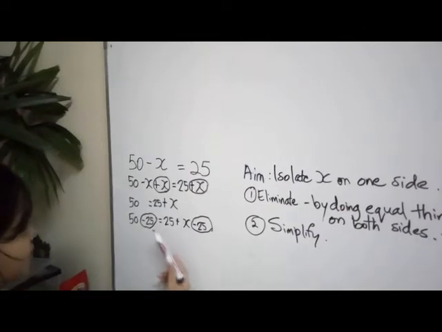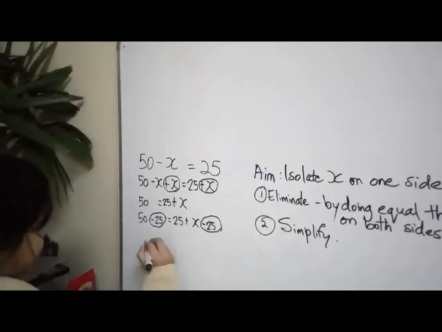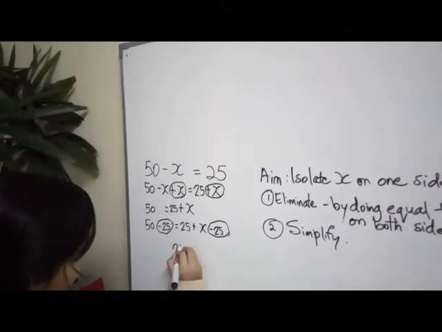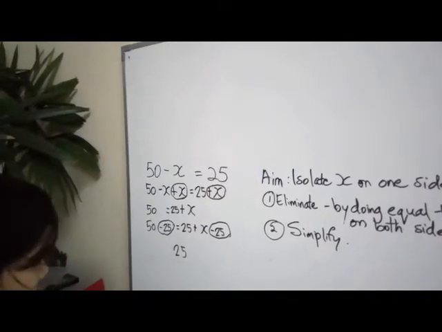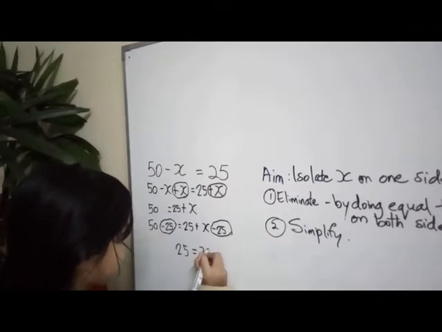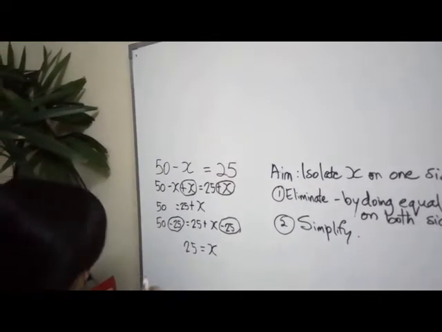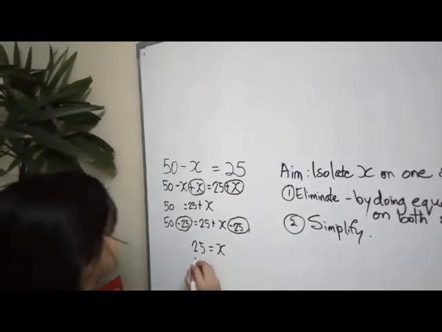What you do on this side, you do on this side again. Okay, after that, put the 25 down here. Yes, you are simplifying again now. Yep. And then you put equal x. And you can flip it the other way. Well, I can't see flip it, but I don't know what else to say.